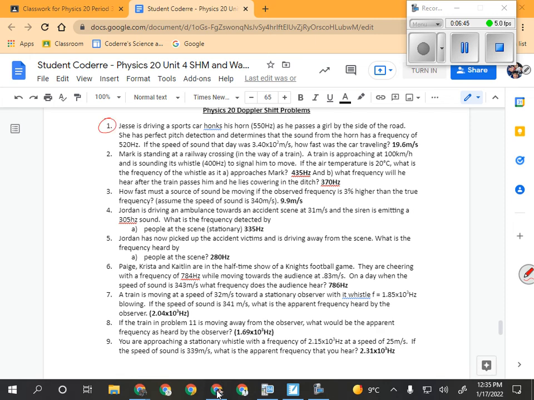1, 2, 6, and you're solving for actual one.